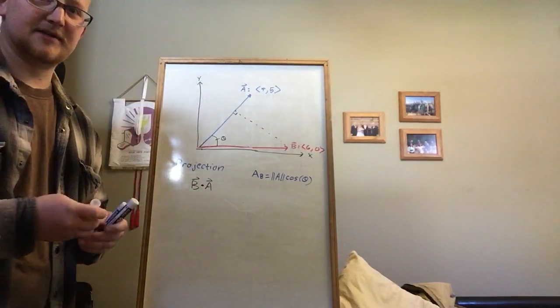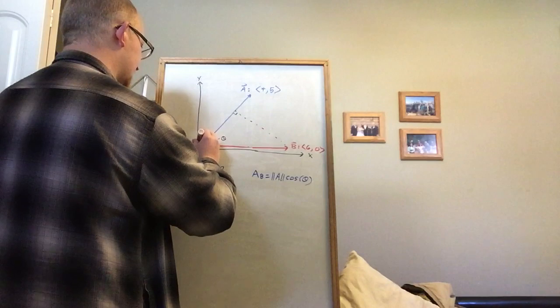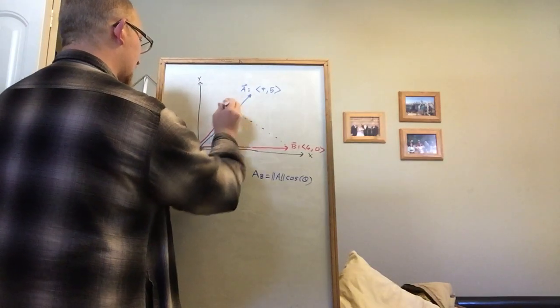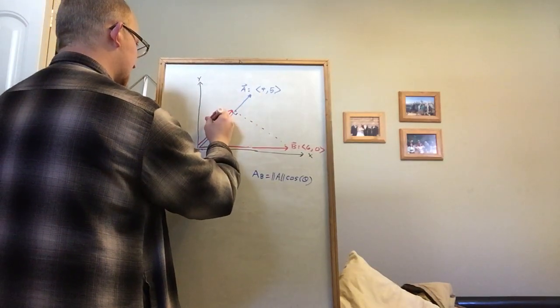And what we're going to find is there's a projection that is B projected onto A.